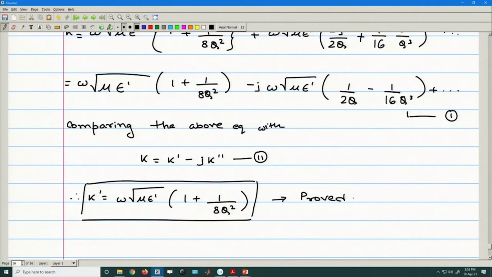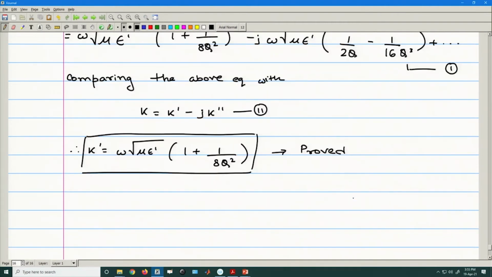And for k double prime we will take the imaginary part. So k double prime we will get omega root under mu epsilon prime, times 1 by 2q minus 1 by 16 q cube.